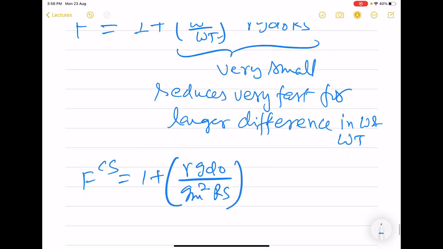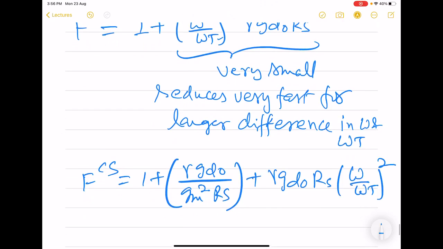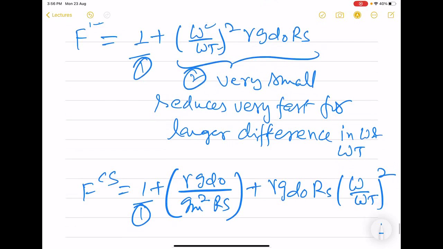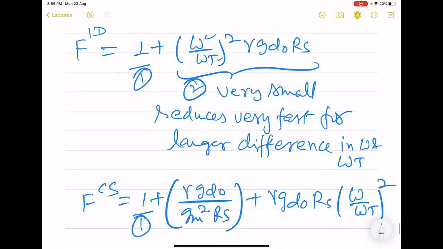Keep in mind that this was carried out by including CGS. Now, this first term is there in both cases. The second term is also present in both cases. But here we have this additional term.